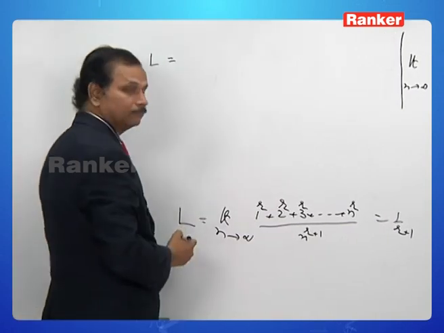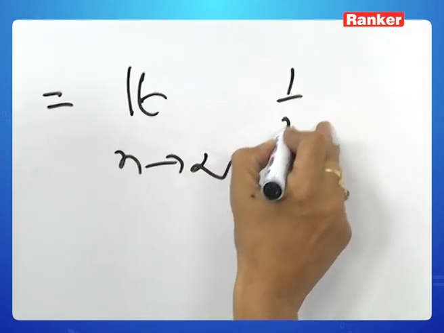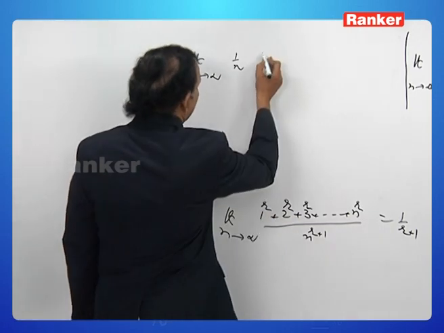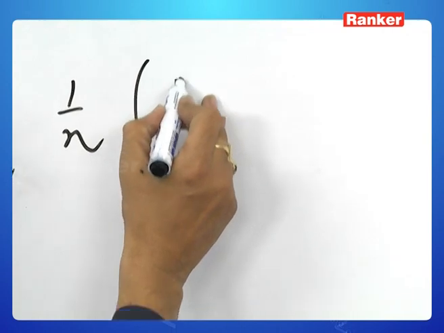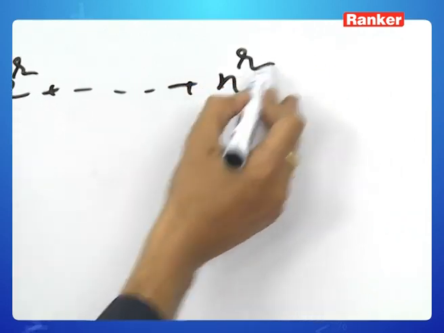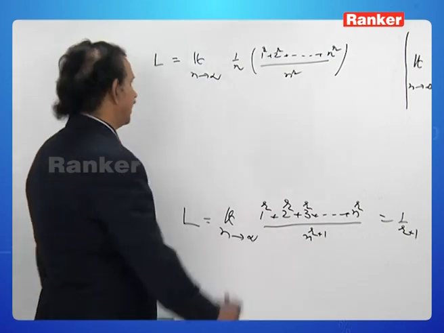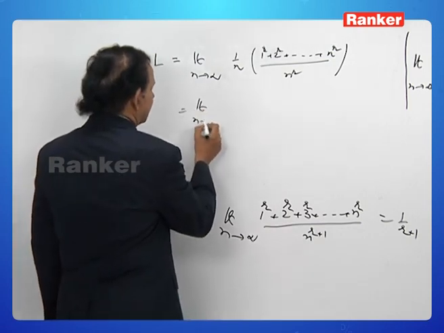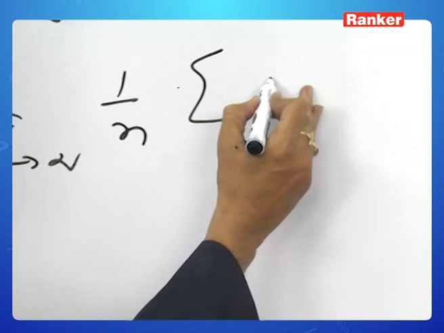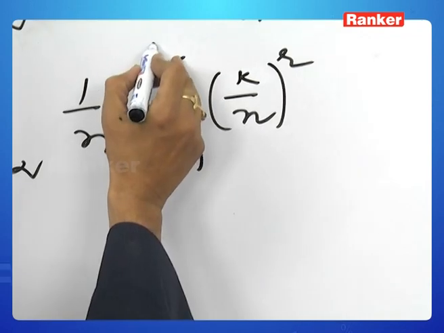L is equal to limit as n tends to infinity of 1 by n into one power r plus 2 power r plus 3 power r plus etc. plus n power r by n power r. Correct? This is equal to limit as n tends to infinity of 1 by n into sigma k by n whole power r, k is equal to 1 to n.